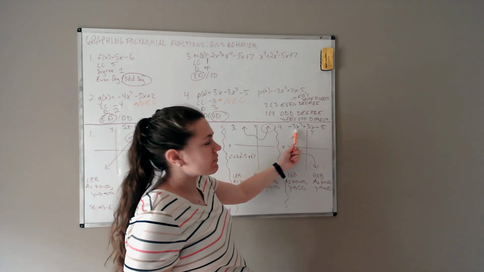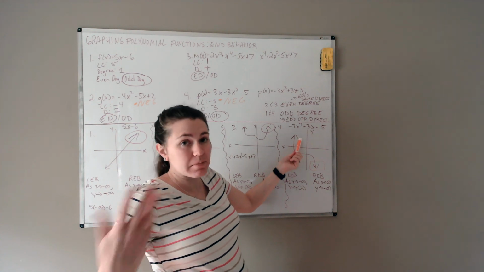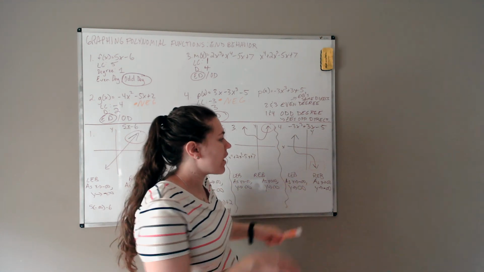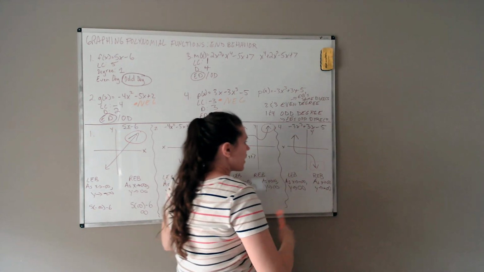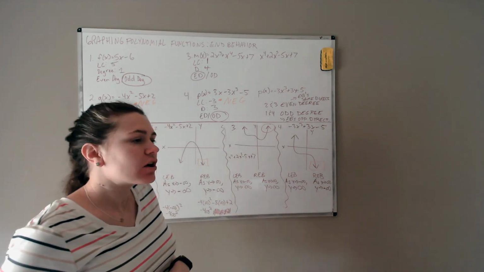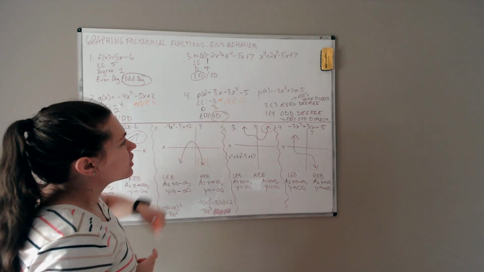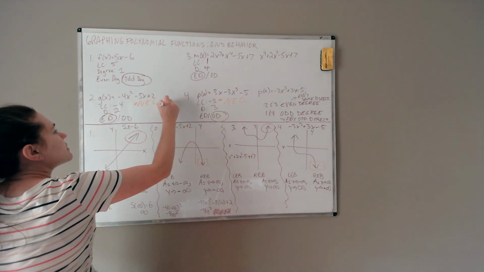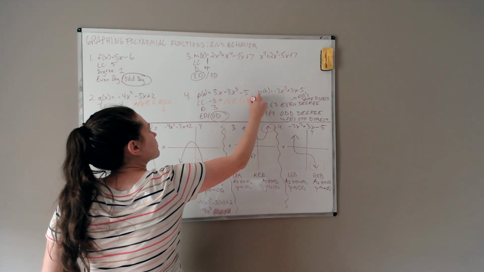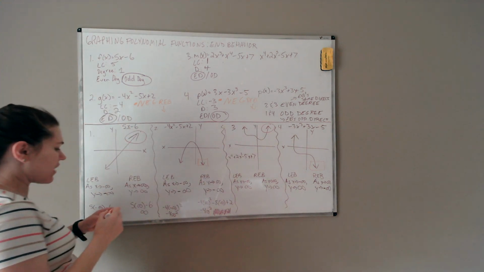I take positive infinity, I raise it to the third, it's going to be positive. But if my leading coefficient is negative, that means as x goes more positive, my outputs are going to go negative. So when your leading coefficient is negative, your right end behavior will go down.